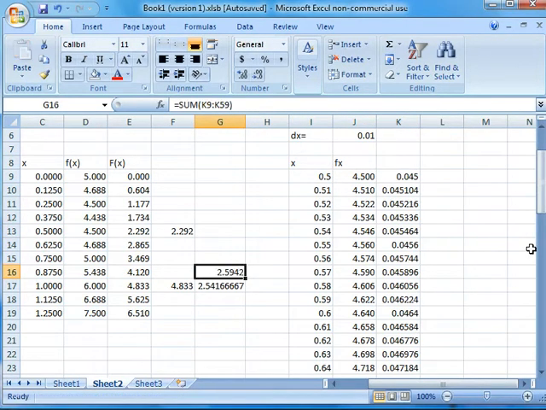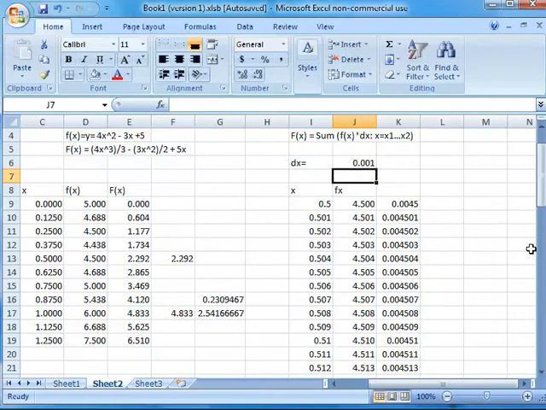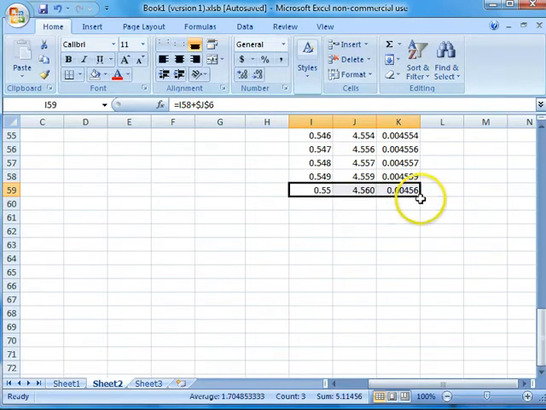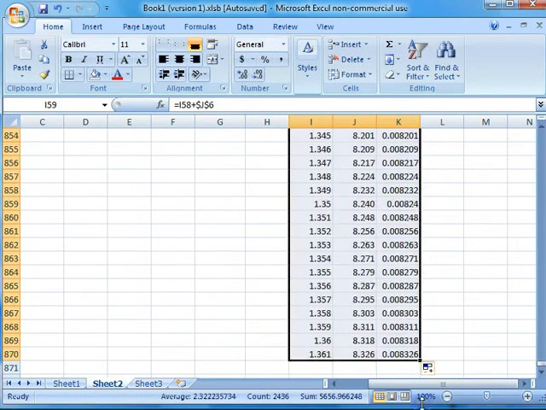Now, of course, we're not getting an exact number because this dx is rather large. We will get a much better approximation with a smaller number. So we can go like that. Of course, that means that now our spreadsheet is not long enough, and we need to extend these results all the way down now until we get to about 500.